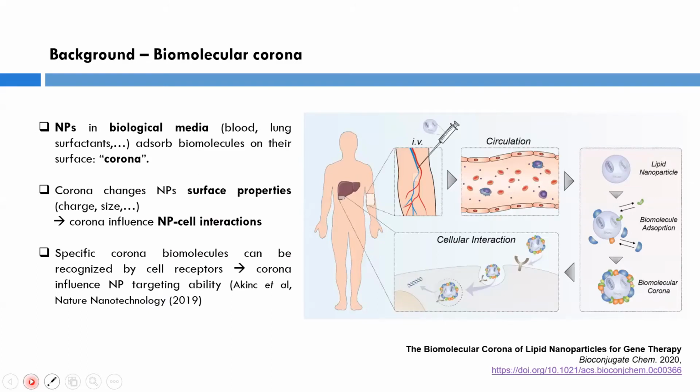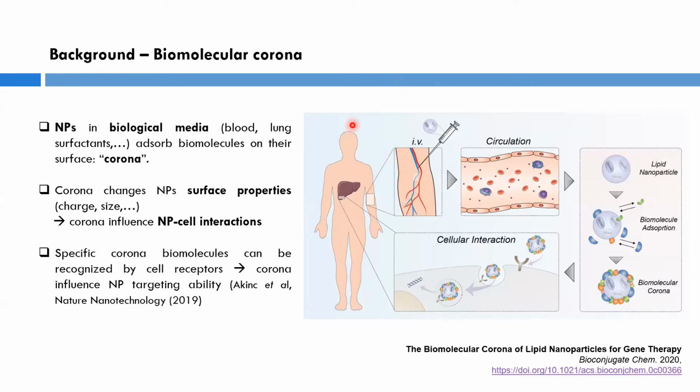LNPs, such as other nanomedicines, before reaching their targets, for example here the liver, enter in contact with biological fluids. When intravenously injected, the biological fluid is blood, or when inhaled, we have lung surfactants, or when locally injected, we have, for example, extracellular matrix.